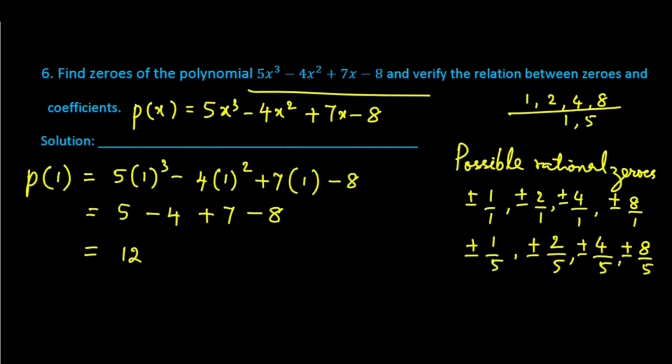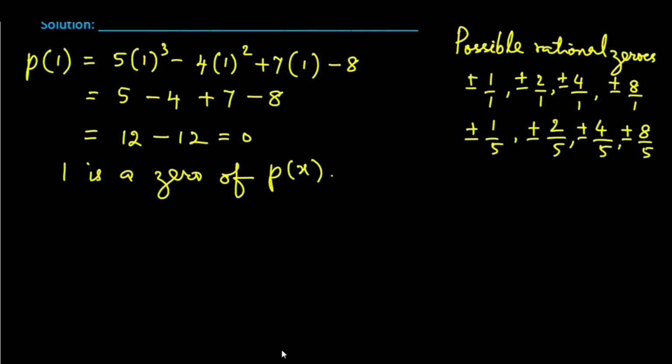Minus 4 minus 8 is minus 12. This is 0. 1 is a zero of p of x. So x minus 1 is a factor of p of x.